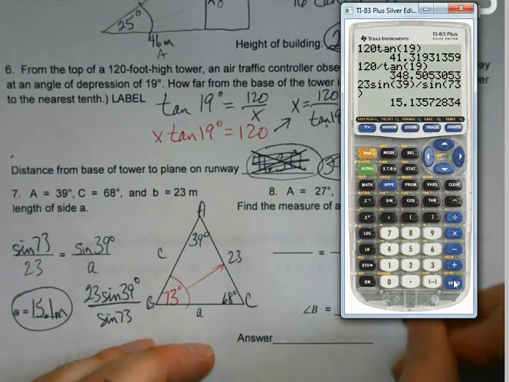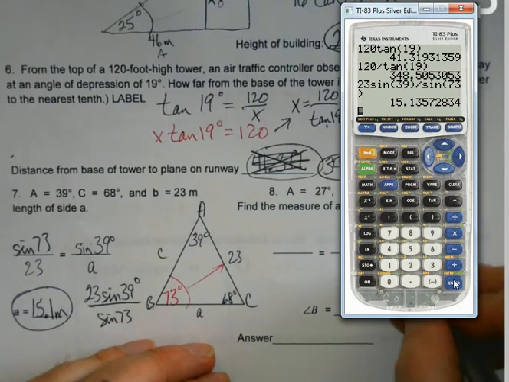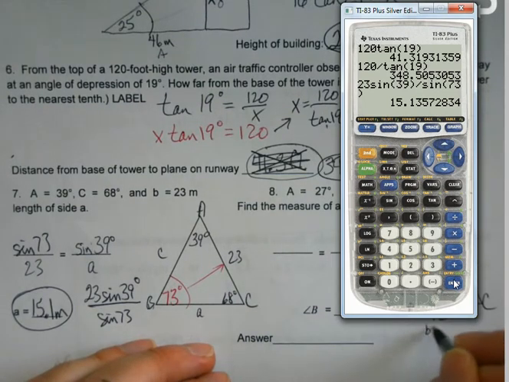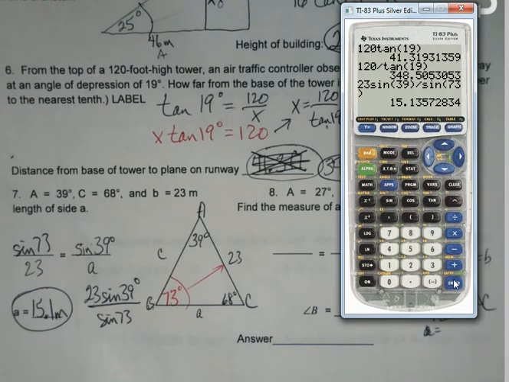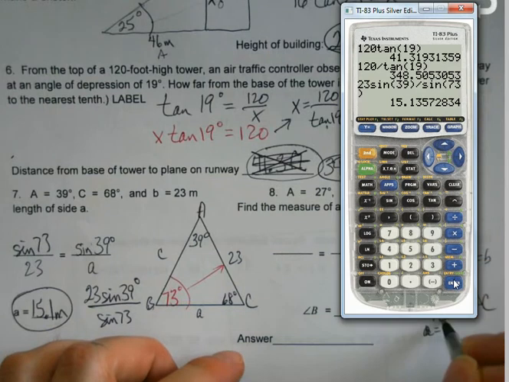So it just teaches me sometimes me drawing can have a good effect on things. Okay, find the measure of angle B. A, angle, corresponding side.